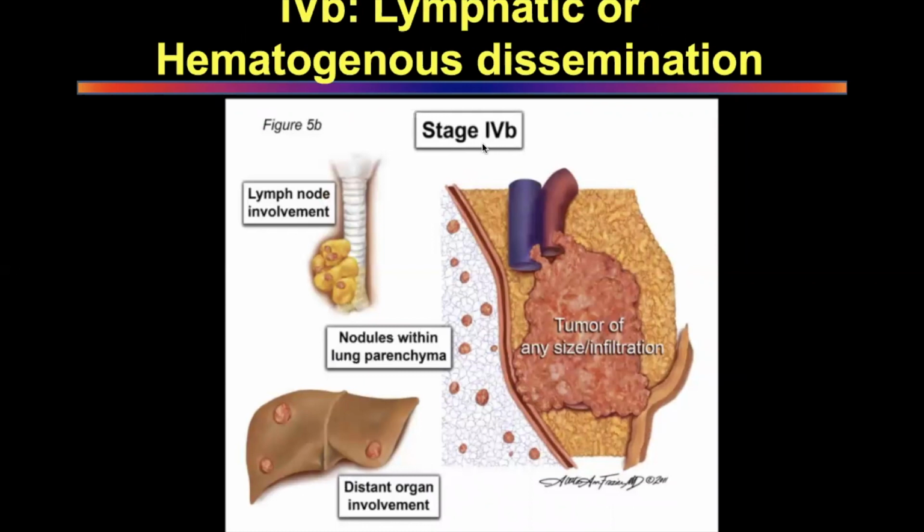And stage 4B is when it has gone extra thoracic. That means either it's in the liver, or it is within the substance of the lung, or it has gone into the lymph nodes. Can you see that? So distal organ involvement, nodules within the parenchyma or within the lymph nodes, distal lymph nodes, okay?